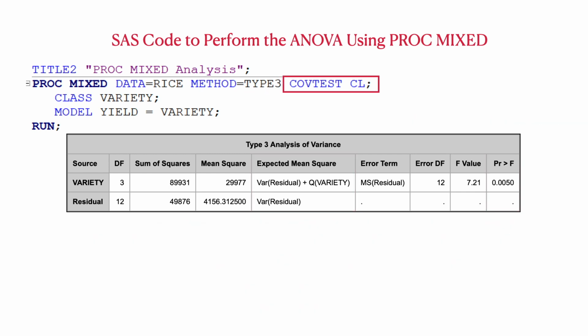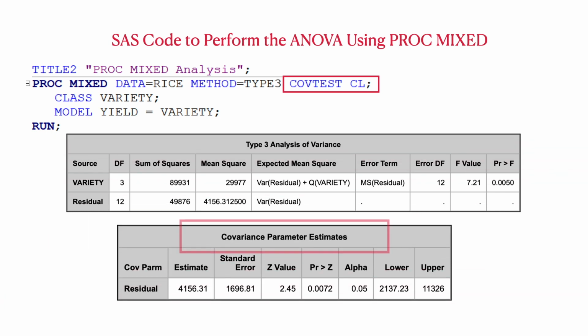Now let's look at the output produced by the COVTEST and CL options on the PROC MIXED statement. The COVTEST option is going to instruct PROC MIXED to include some additional columns in the covariance parameter estimates table.